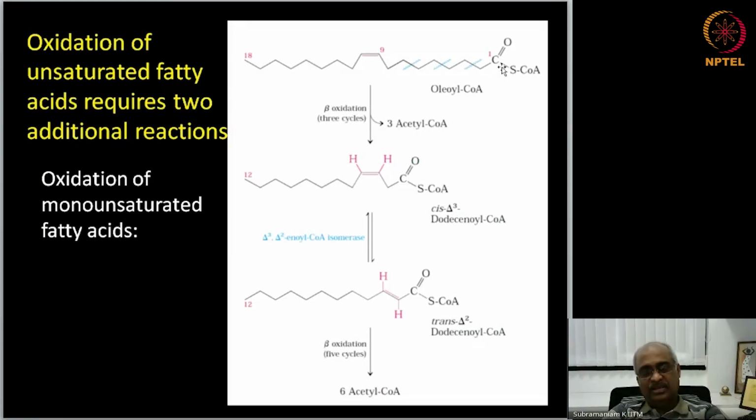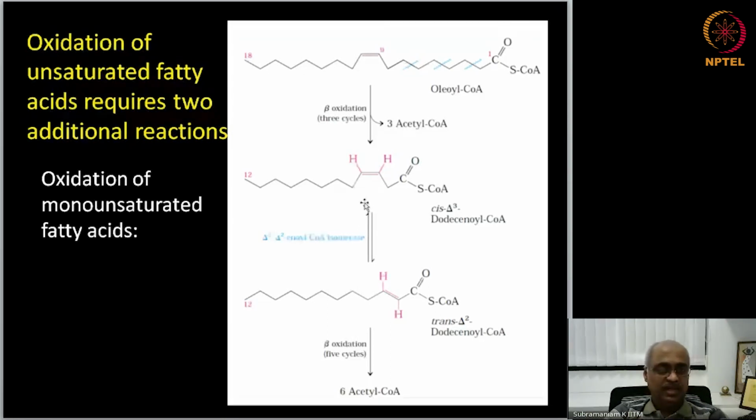It will undergo the normal beta oxidation, and when it comes to this, which will not be a good substrate for the enoyl-CoA hydratase, an enoyl-CoA isomerase, these numbers indicate the positions of the double bonds, converts that into a trans double bond, and then beta oxidation continues. So this takes care of the cis double bonds that naturally occur, and this is where an additional enzyme, an isomerase, is required.